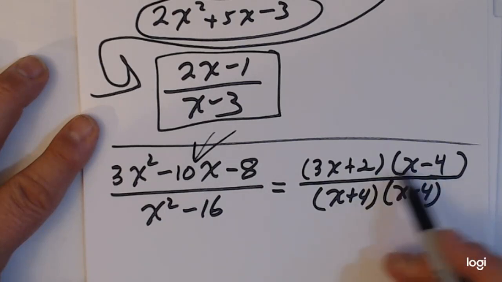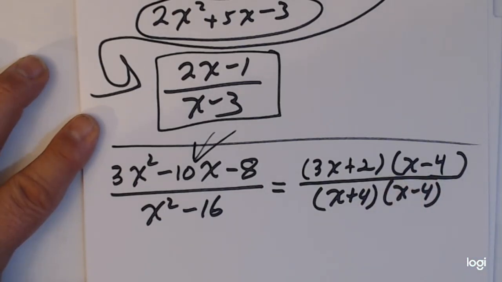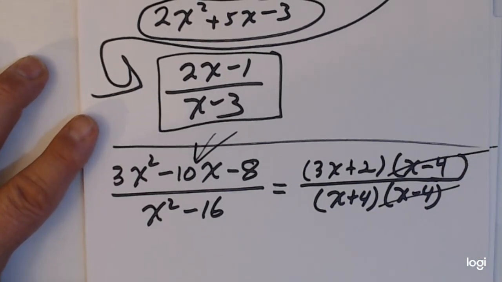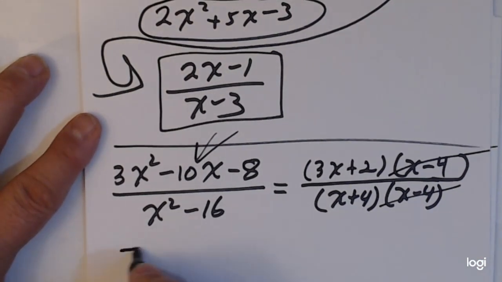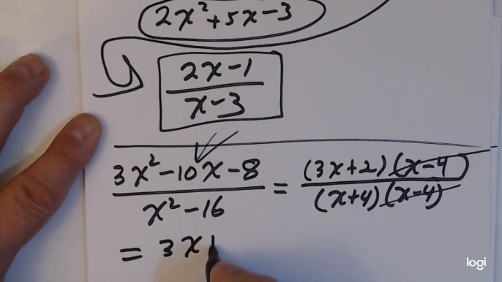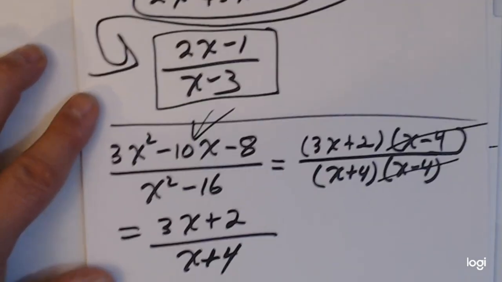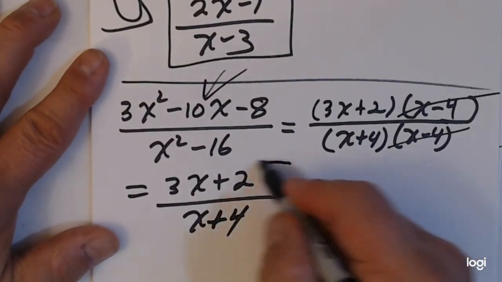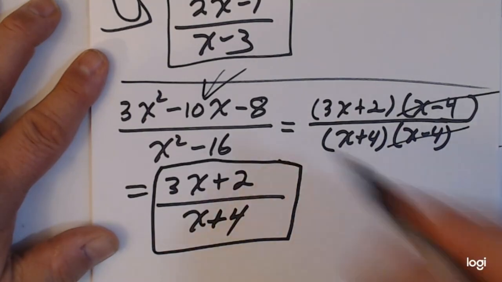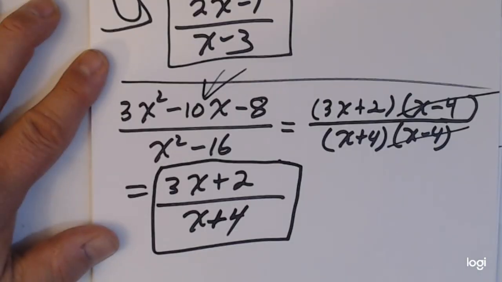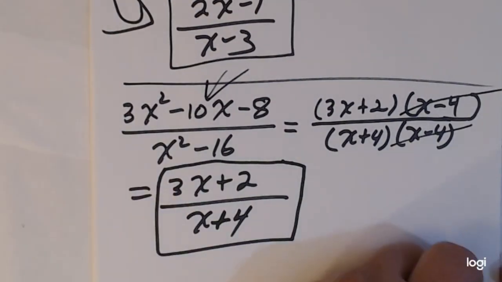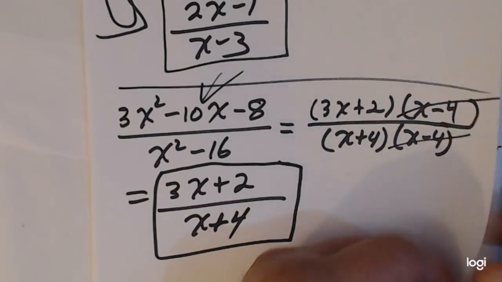And then minus 8. So the x minus 4's go out, and that leaves us with 3x plus 2 over x plus 4. Not so bad.